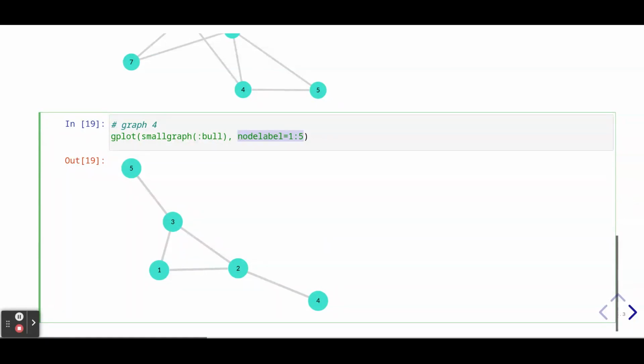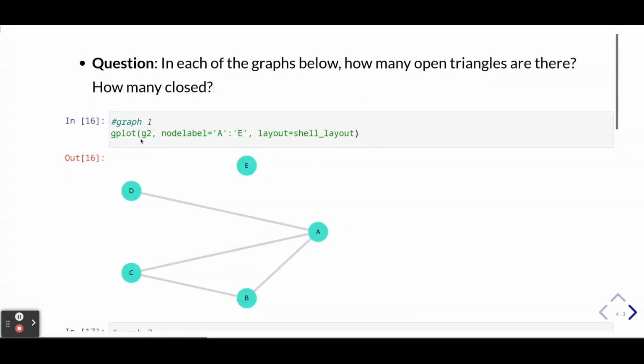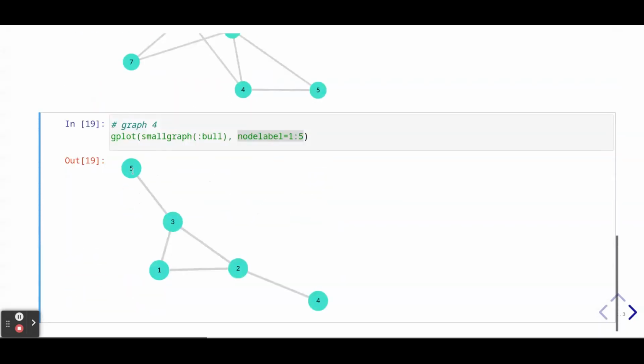So I encourage you, if you're viewing this video, maybe pause it at this point, look through these 4 graphs, and try to count the total number of closed triangles, the total number of possible triangles. Then you can do a quick computation to get that global clustering coefficient and then compare. Is your calculation going to match the calculation done by Graphs.jl?